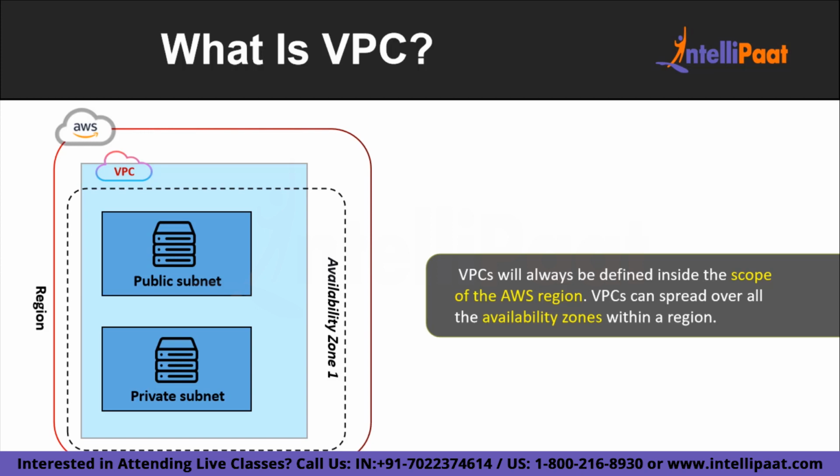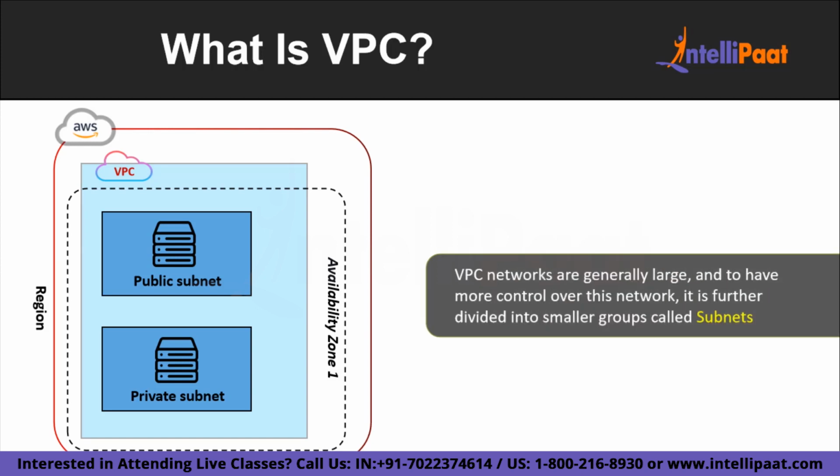So the thing to note here is that these VPCs can spread over all the availability zones within a region. In this particular example, there is only one availability zone, but remember that region can contain multiple zones where VPCs can be spread. Another thing to remember here is that these VPC networks are generally large, and in order to have more control over this network, it is further divided into smaller groups called as subnets.